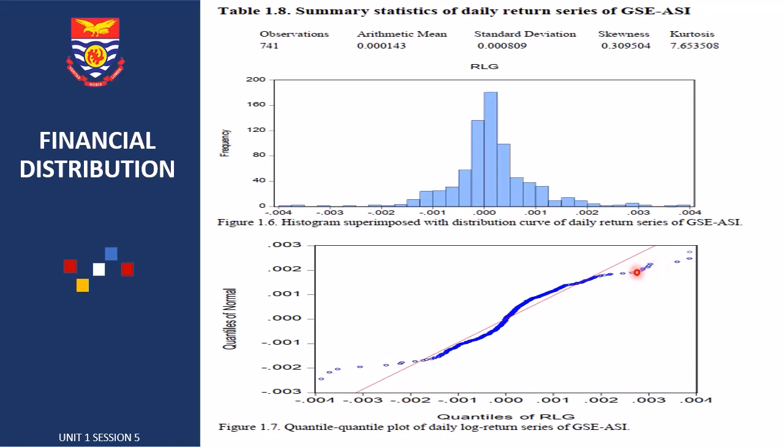So we are looking at the extremes on the positive side. These are the extremes at the negative, and this is similar to this portion. So here is similar to this negative portion, and this higher quantile is also similar to this positive portion in the histogram.